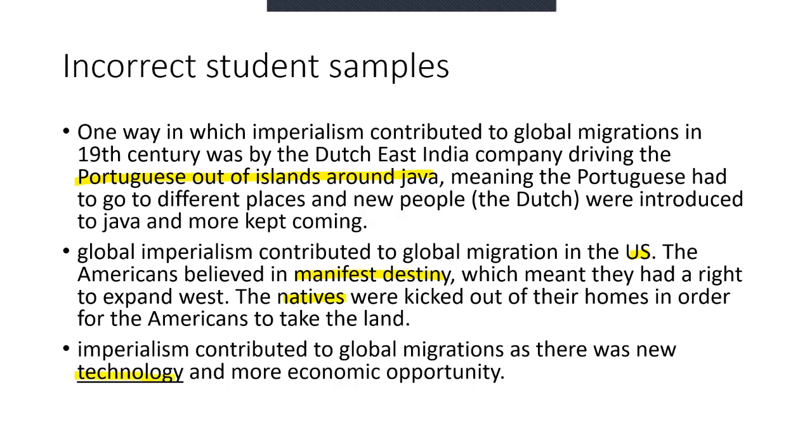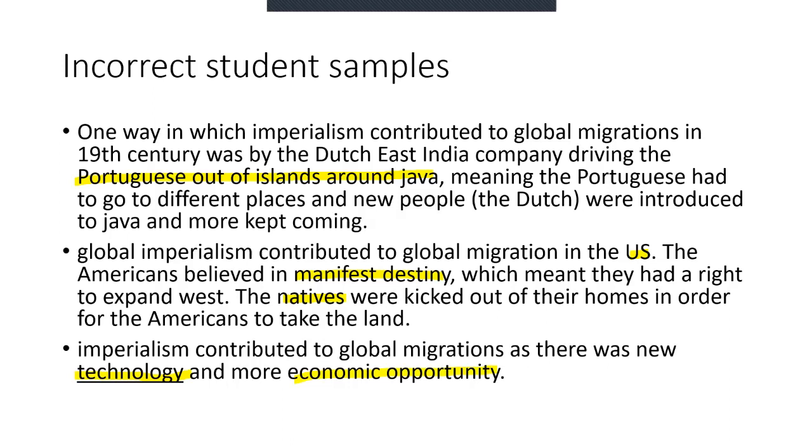I underline technology here. This is where a lot of people went wrong. Okay, imperialism contributed to global migration as there was new technology and more economic opportunity. A lot of people wrote about steamships and everything, but instead of saying how imperialism led to this, the forces of imperialism, they were talking about technological advancements.